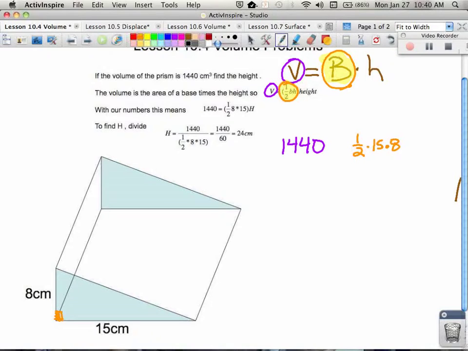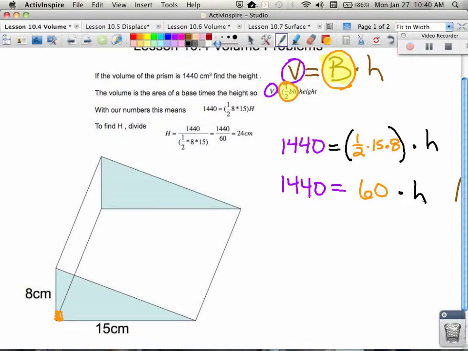And so I now have 1440 equals the area of the base, which is 1/2 times 15 times 8, and the only thing I'm left with is this h that I'm trying to solve for. So really I have 1440 equals 60, when I multiply out all those numbers, times h.